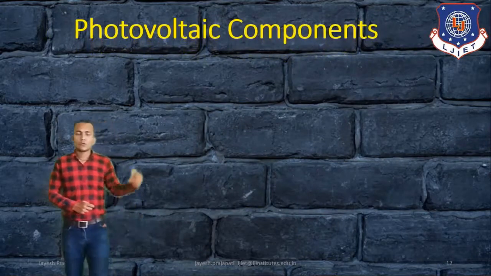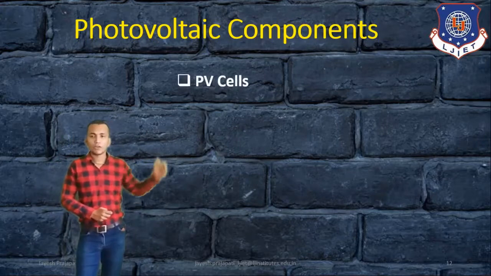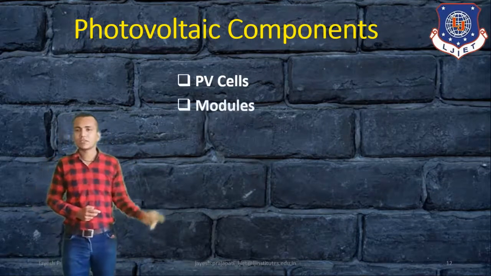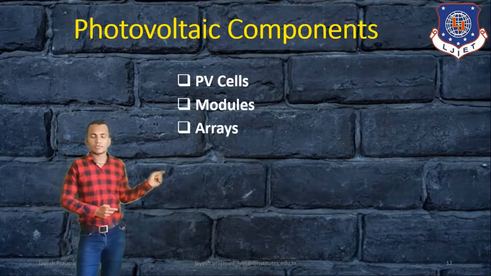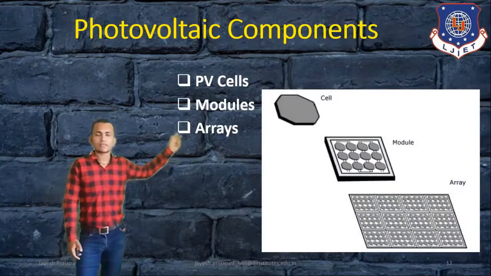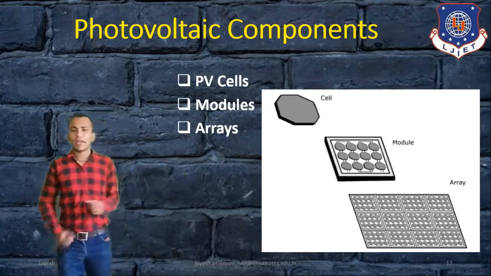Then the photovoltaic component. If we have to discuss how a solar panel works, it works on PV cells, modules and arrays. You can see in the pictures the cell is mounted on a module, and these different modules make one array.